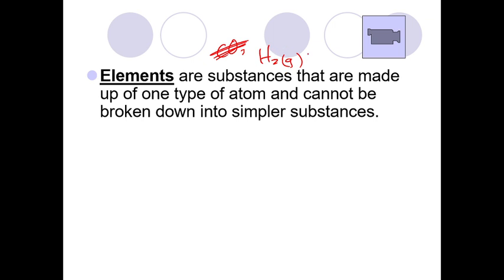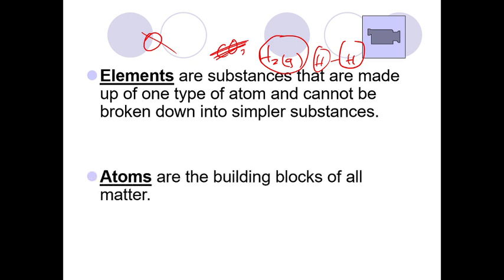If I break it down, I can only end up with two hydrogen and nothing else. So it's made up of one type of atom. Although there's two of them, they're essentially hydrogen and hydrogen. Oxygen alone is made up of oxygen. If I break it down, I can't break it down into anything simpler. It's one oxygen atom. So that is what an element is.